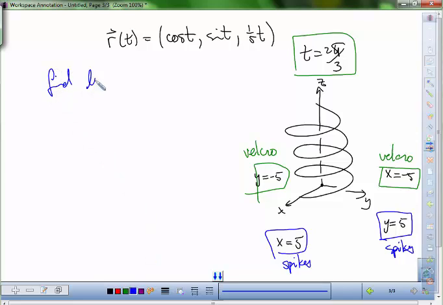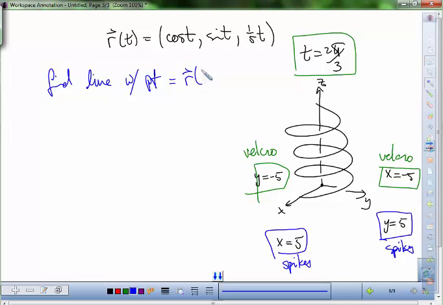So find a line with some point. What's the point going to be? What do I need for an equation of a line? Don't say point and slope. What do I need for an equation of a line? Point and direction. Okay? We need a point and a direction. So the point where you get ejected is at time 2 pi over 3. But what is the point going to be? It's wherever r of t is at 2 pi over 3.